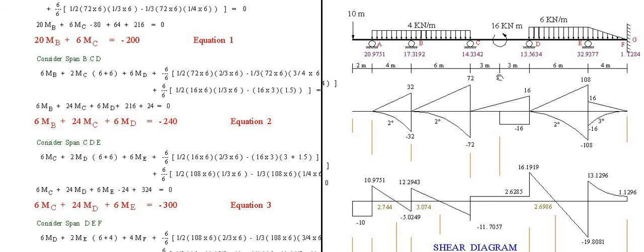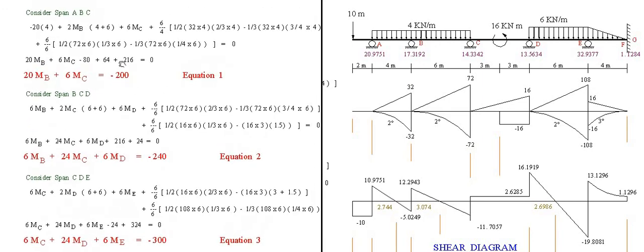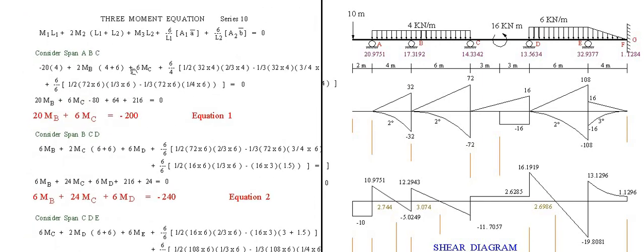So we have to have 5 equations. We have one equation for ABC. Next equation is BCD. Consider this as BCD. Now substitute to the original equation M1 L1.